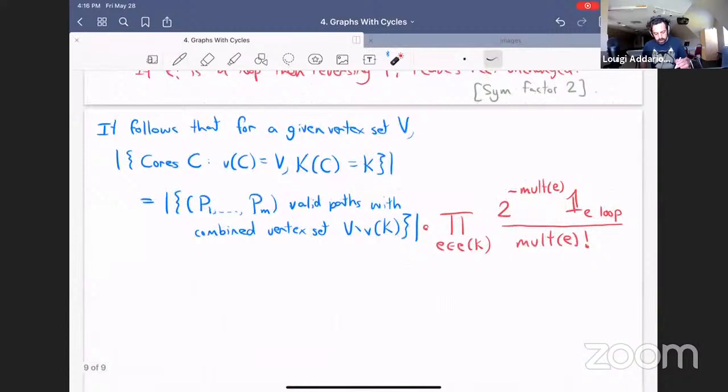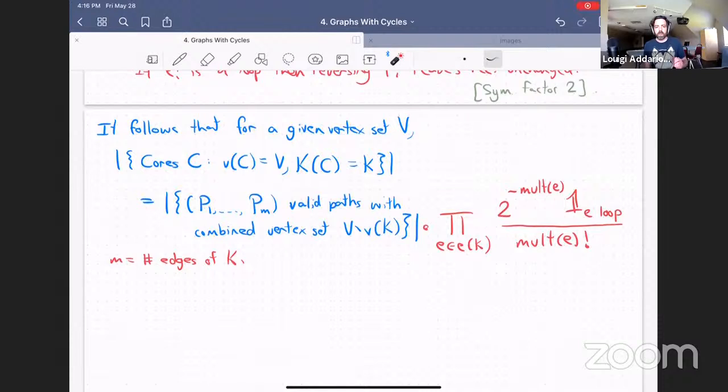So this is an exact formula. Here m is the number of edges. You can reconstruct the core from the paths uniquely as long as they're valid, but there are certain permutations of the paths which yield the same core.